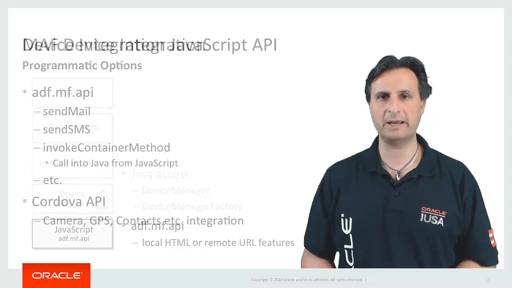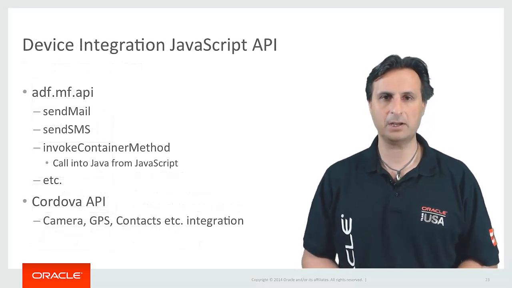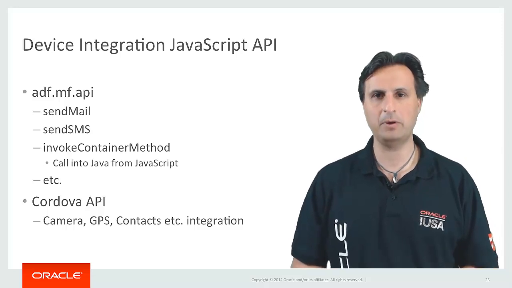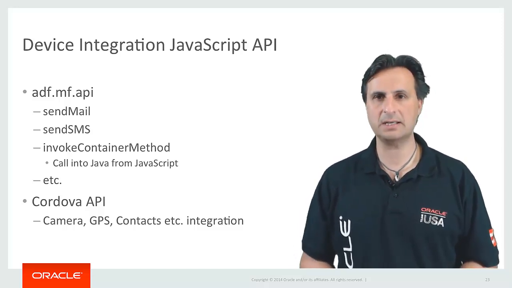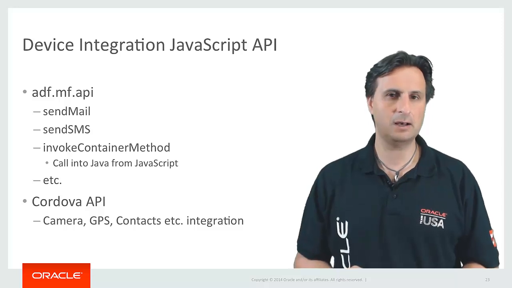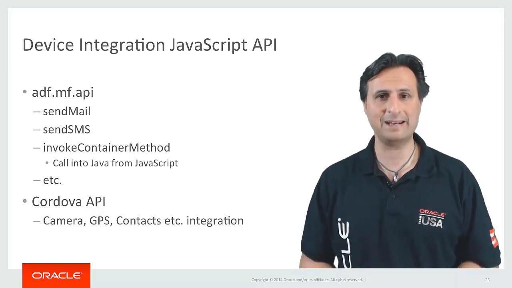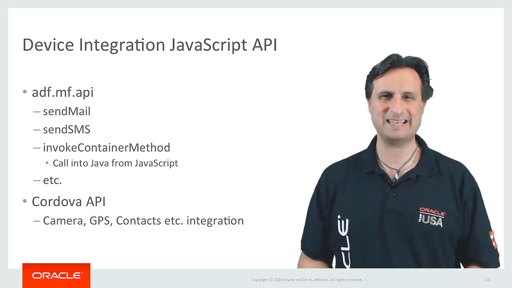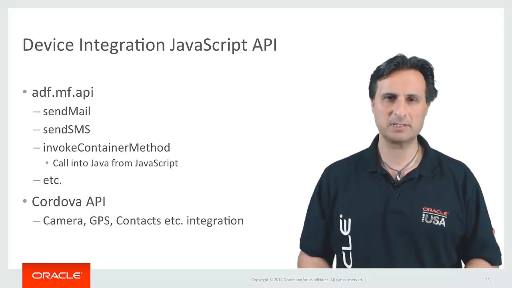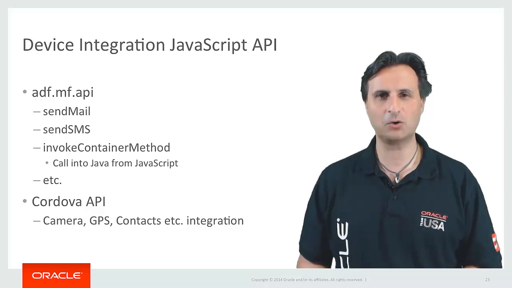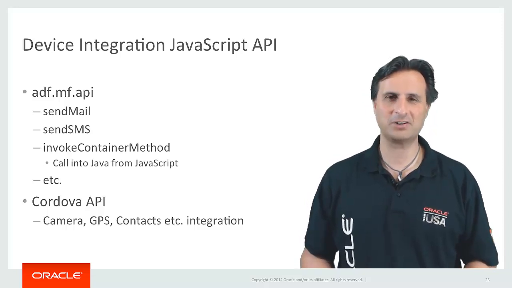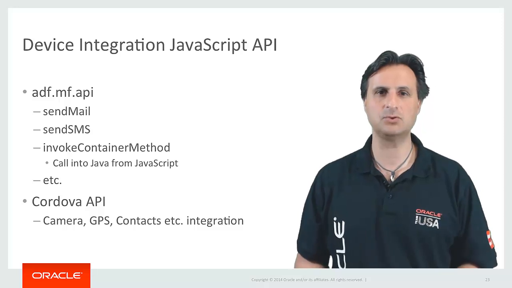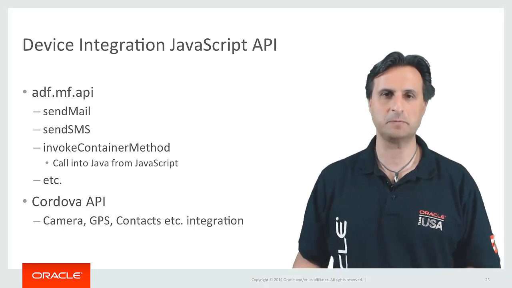We are wrapping the code of our API set, so there's a package called ADF MAF API, and that gives you access to sending emails, sending SMS. There's an option to invoke container methods. So what we can do is we can call from JavaScript into Java, and remember this little pseudo rectangle, as I called it, where I say, okay, the option would be to call into Java from JavaScript, get device properties.